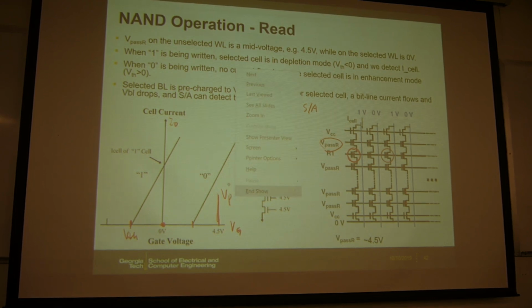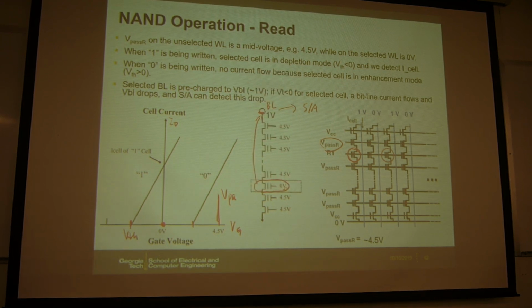For all other transistors, you need to apply a voltage a little bit higher than the threshold voltage of your program state, the 0 state here. The reason is that you want to fully turn on the other transistors regardless of their state.